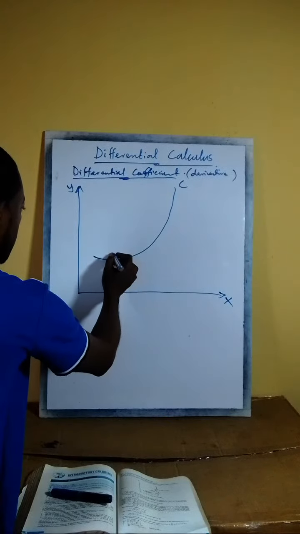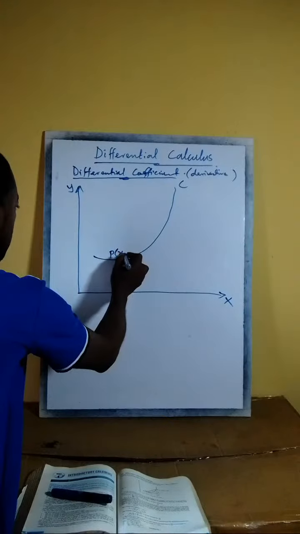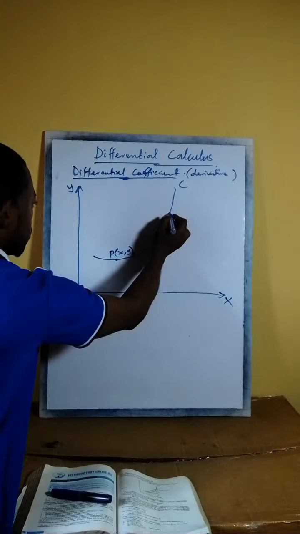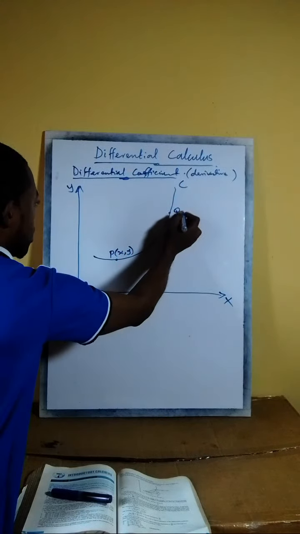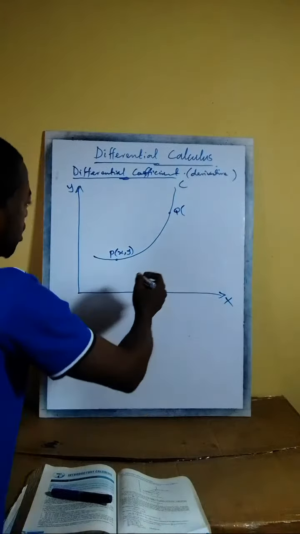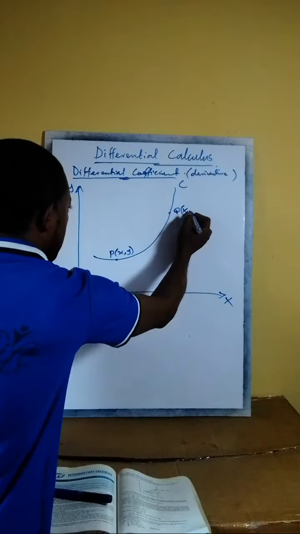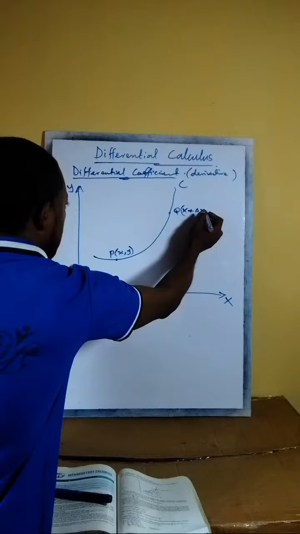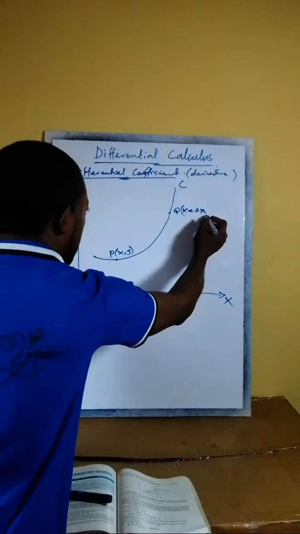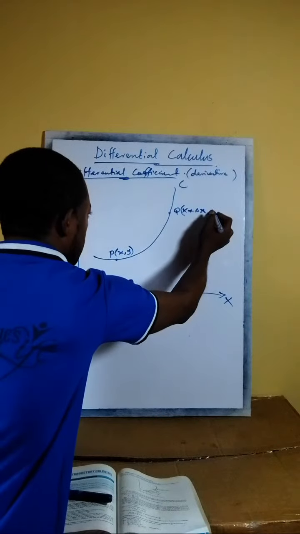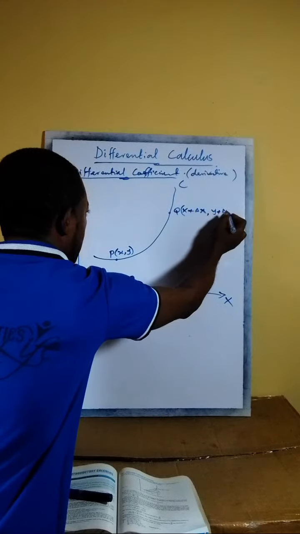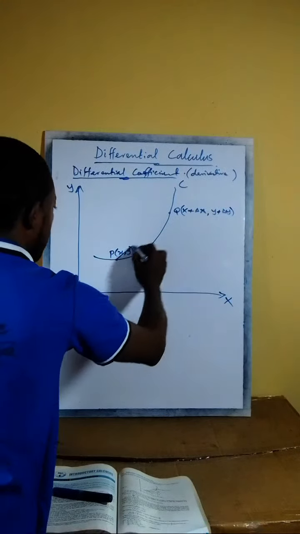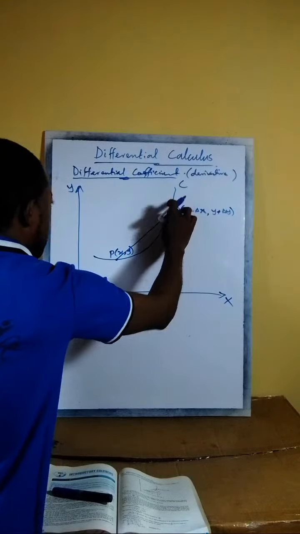Let this be point P, which is (x, y), and we have another point Q, and Q here is above this point P. So there is a little increment in x, so that's x plus delta x. Delta x here means little increment in x, then also little increment in y, so we have y plus delta y. Then the line joining P and Q, we have it here, and this line is line PQ.